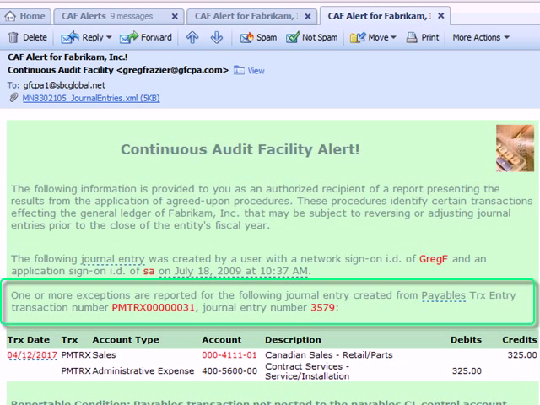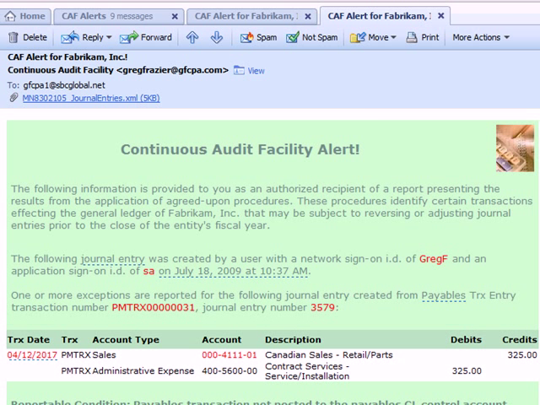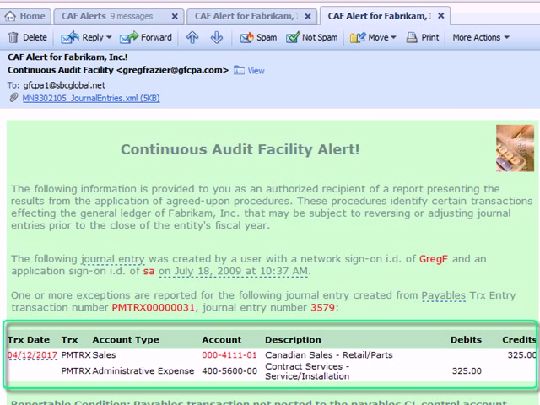In our demonstration, the transaction is PMTRX31, and it is posted to the general ledger as journal entry number 3579. This information is followed by a presentation of the journal entry and any problematic data elements highlighted in red. In this demonstration, the transaction date and one of the general ledger accounts affected by the posting are highlighted.